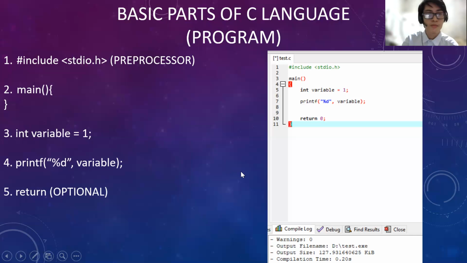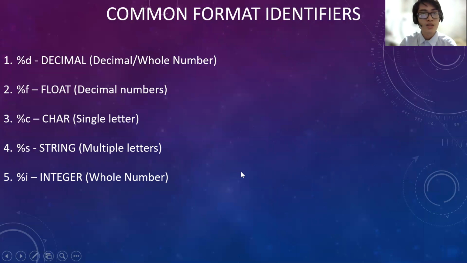So let us proceed. Common format identifiers. %d, usually we use this for decimal or whole numbers. Pwede po siyang for decimals or whole number. Then %f para po sa mga float na data types na output.